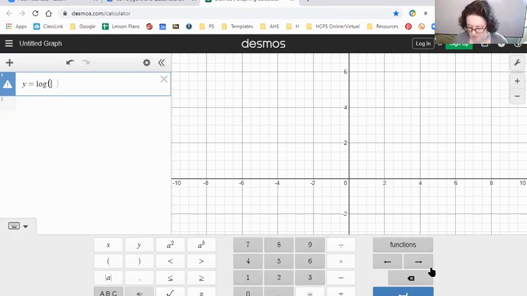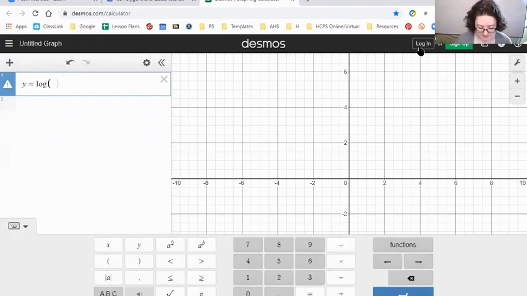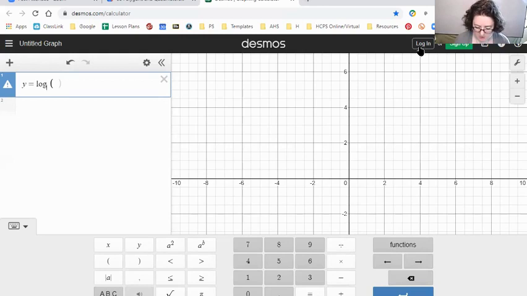Now I need to say that its base is actually going to be 2, so we need to do a subscript. To get to your subscript, hit the little ABC button, and then down towards the bottom, you'll see A with a subscript of B. That will shift your keys down, and then we're going to type in 2 for our base, arrow over, and make sure I have x in that spot.